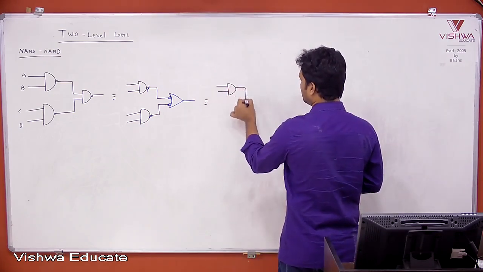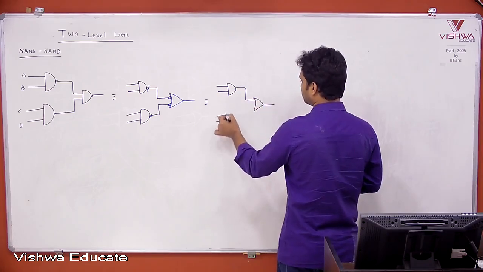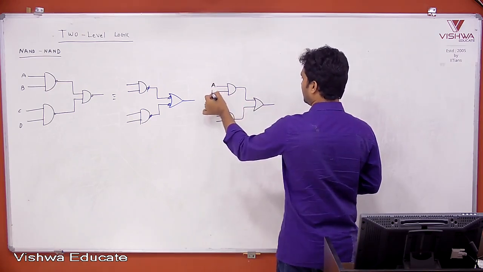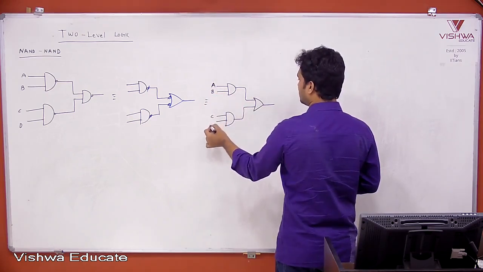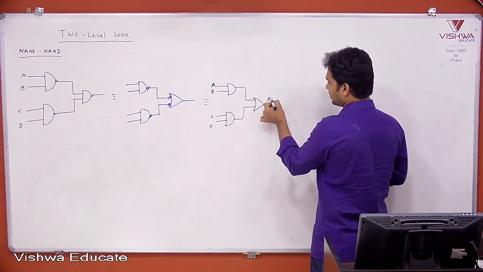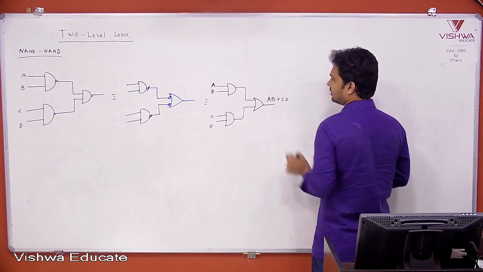After cancelling the bubbles, A, B, C, D. What is the answer? AB plus CD.